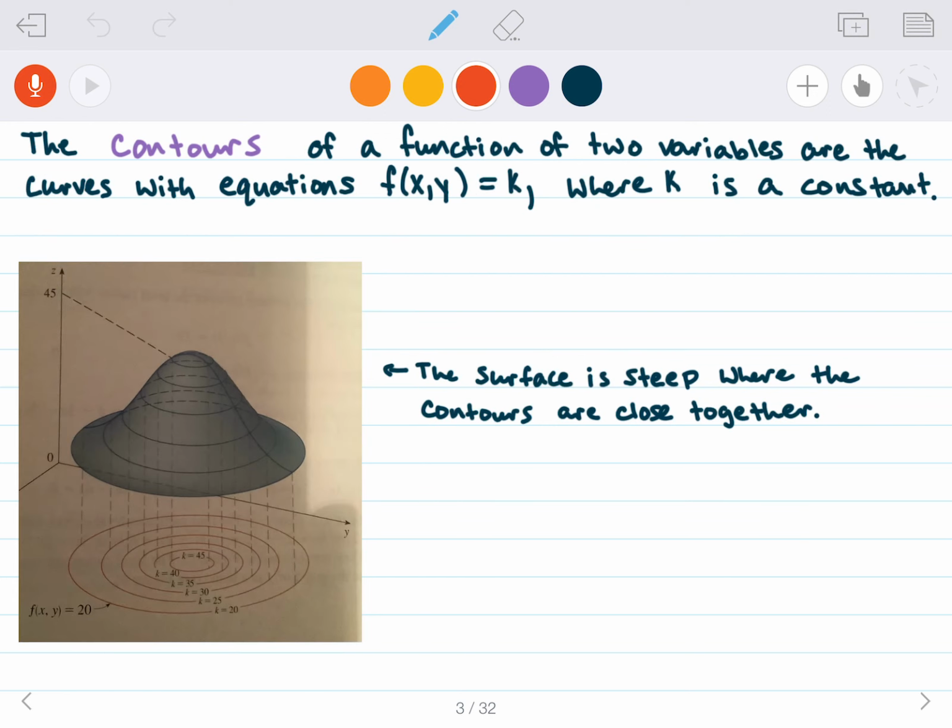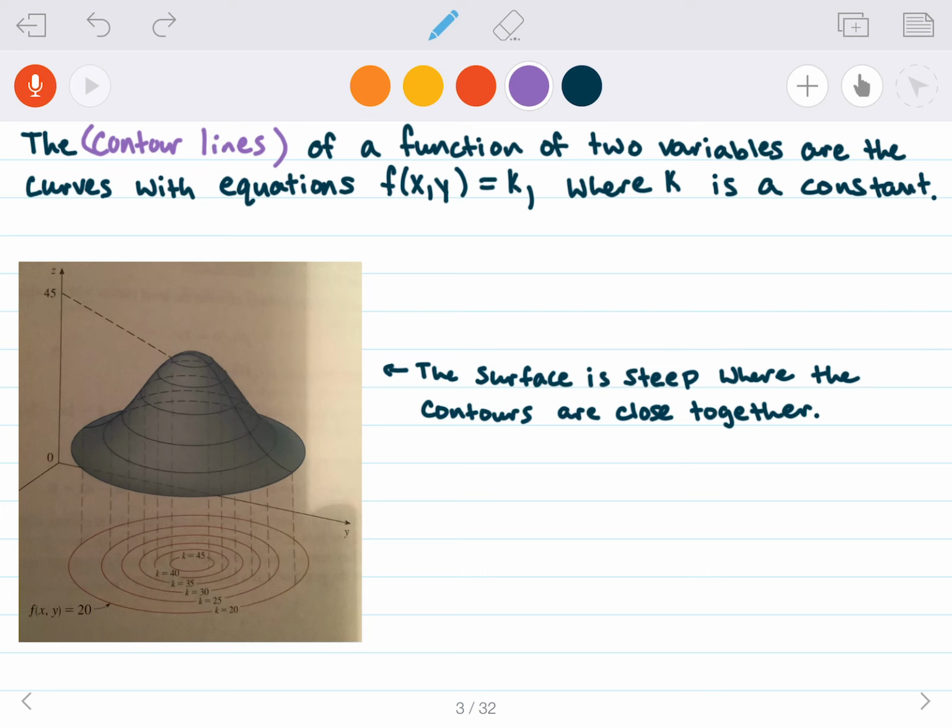The contours of a function are the same thing. These are the contour lines, the circles. The contour lines of a function of 2 variables are the curves with equations f(x, y) = k, where k is a constant.